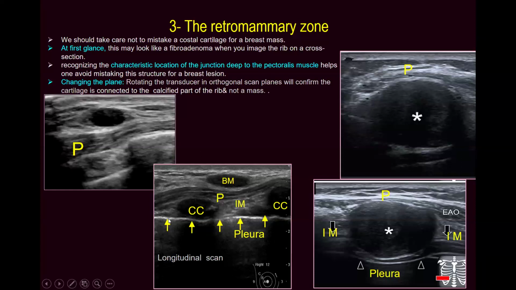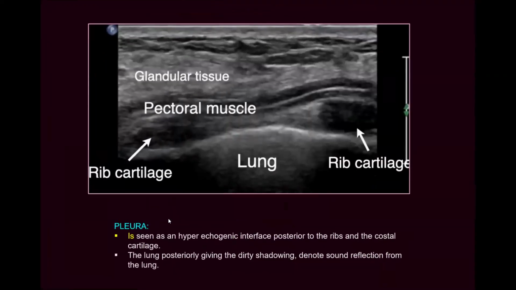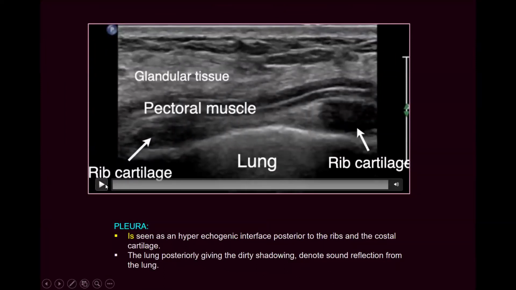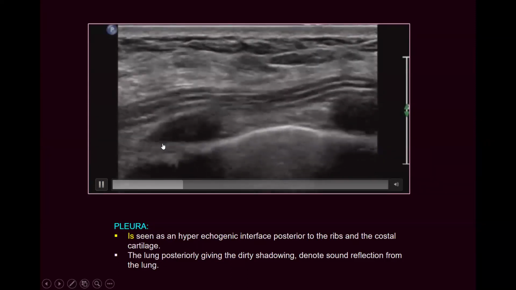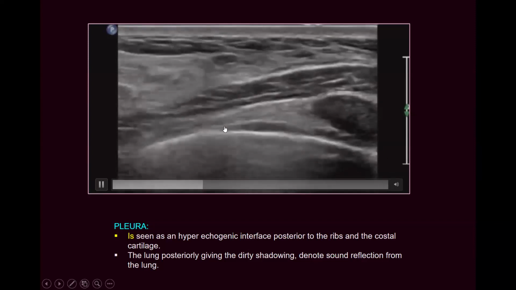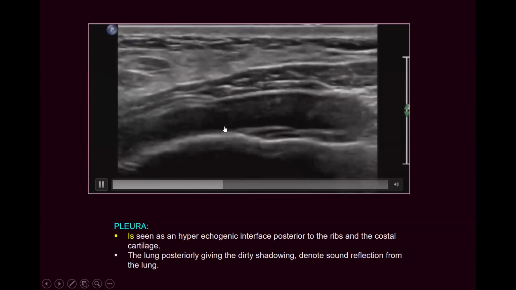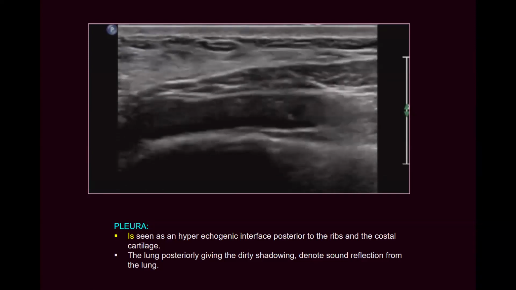So these are costal cartilages. And here we can see in this video, this is the pectoralis muscle, and you can see the costal cartilage in orthogonal view, so it is elongated.